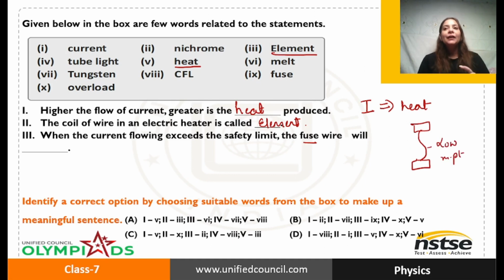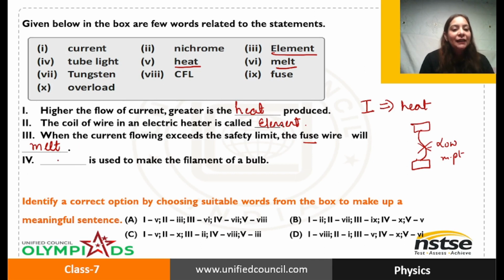So whenever current exceeds a certain limit, more heat is produced, and due to that heat, this wire, because of its low melting point, melts and the circuit breaks, and it prevents fire. So basically the fuse wire will melt. The correct answer is going to be melt.